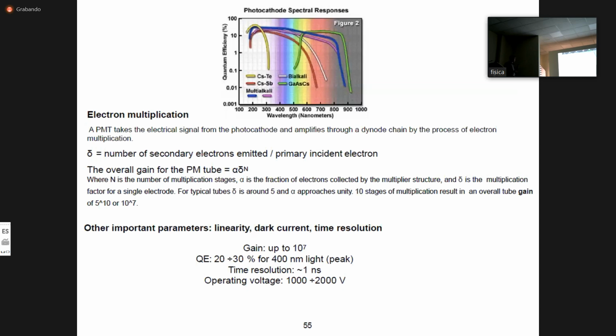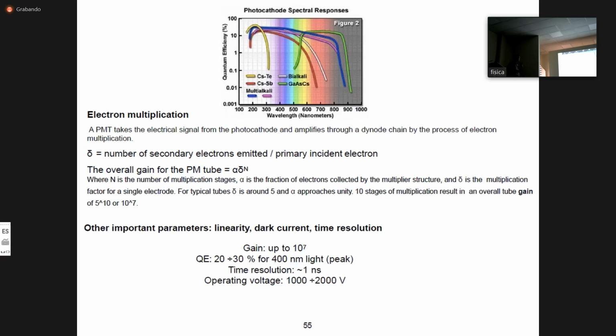Here, this delta number tells you the number of secondary electrons emitted per primary incident electron. If you multiply the number of these dynodes and the probability to create the secondary electron, you will actually get the amplification factor, which is called a gain.